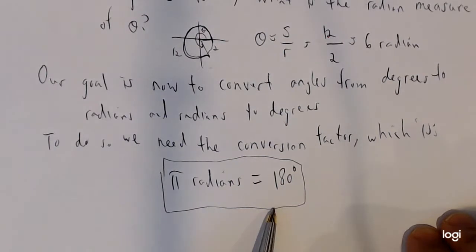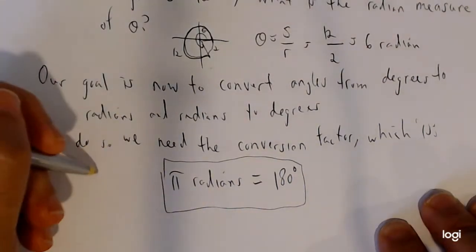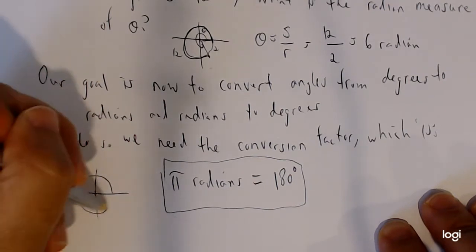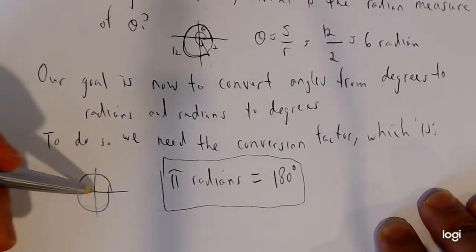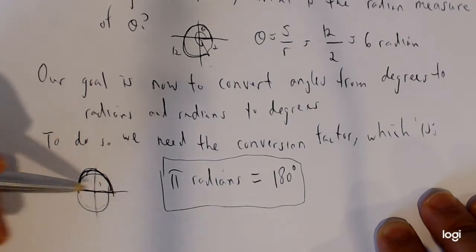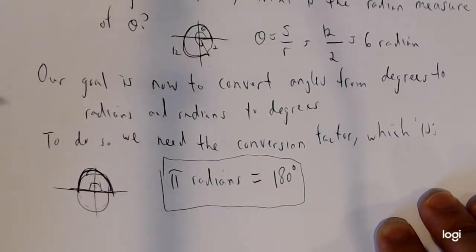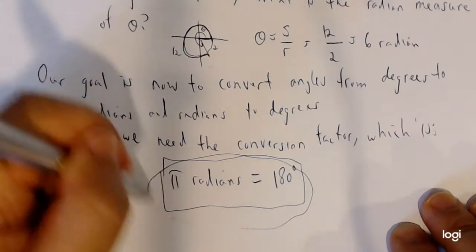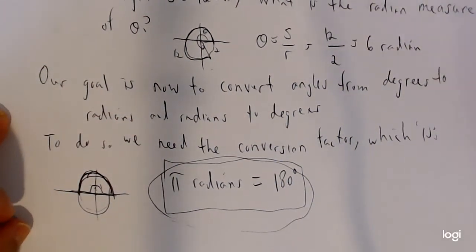This can easily be shown by using the fact that 2 pi is a complete circle, so pi is half of a circle, and half of a circle takes on a central angle of 180 degrees. The entire circumference of a circle of radius 1 is 2 pi, so half of it is pi, and half of it makes a straight angle at the center, so it's 180 degrees. That's the conversion factor that we need.